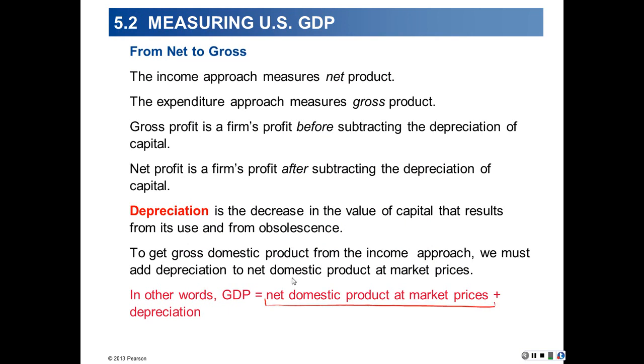This is the sum of wages plus rent plus interest plus profit plus net indirect taxes. So this is taking care of that first leak, right?